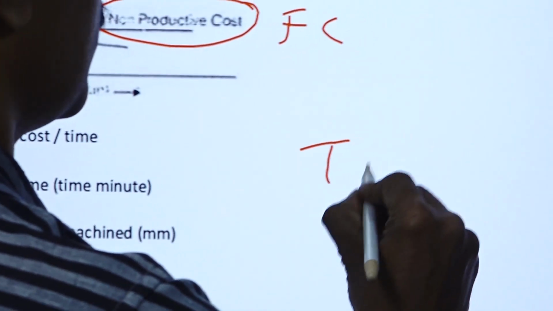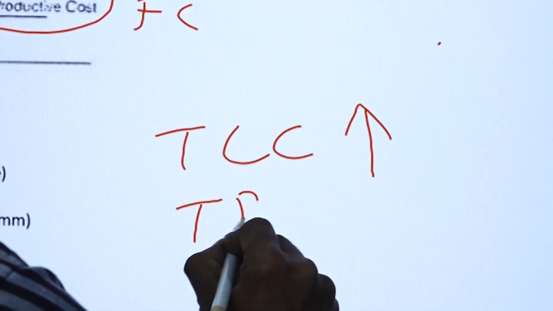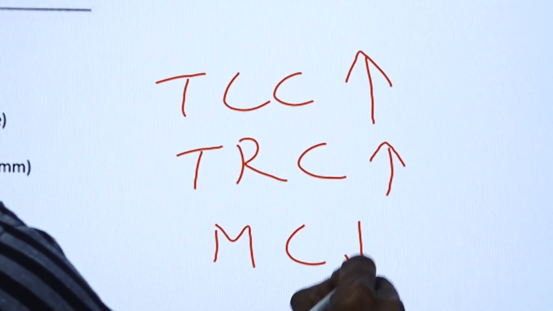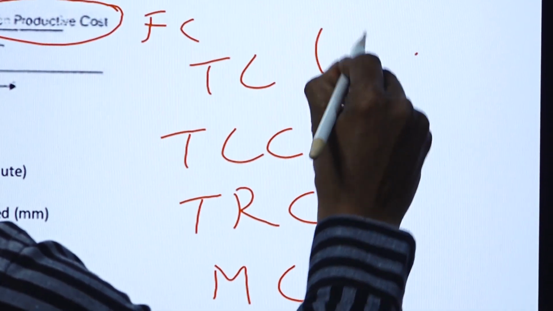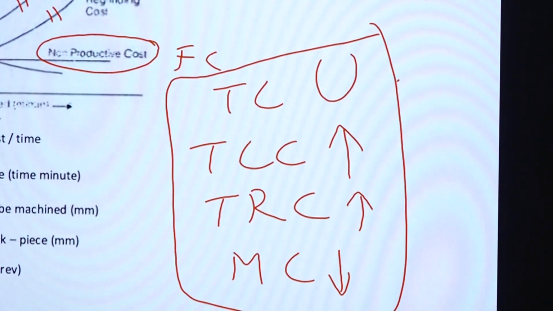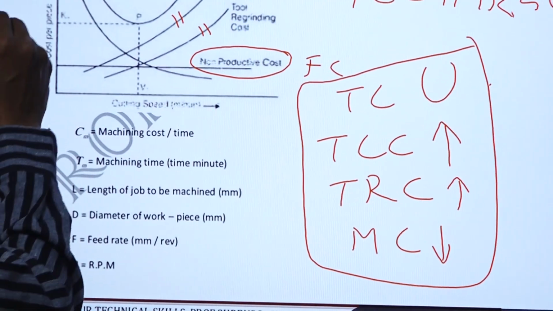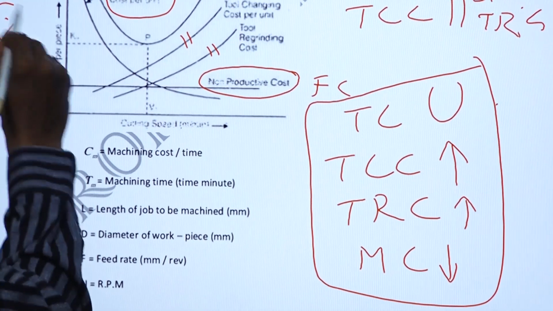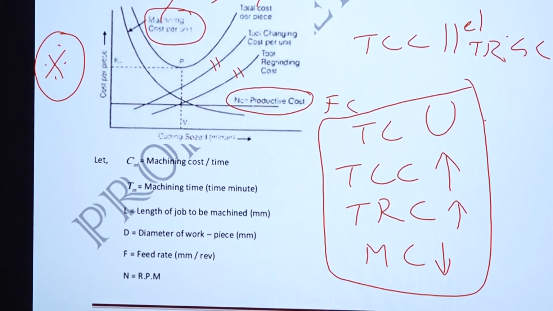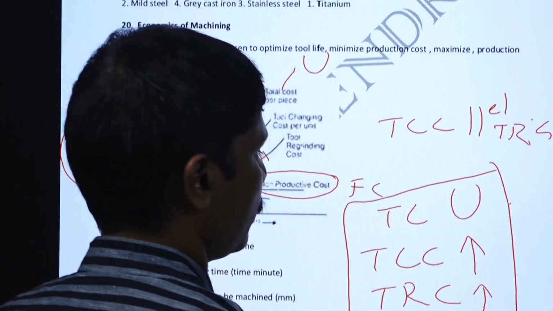So we should know that tool changing cost increases, tool regrinding cost increases, machining cost decreases, and total cost is U shaped. These are the 4 things you should remember. And non-productive cost is a horizontal line. It is important to draw the economics of machining diagram, which will be asked in different exams.